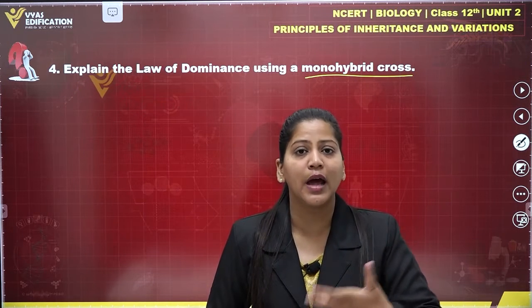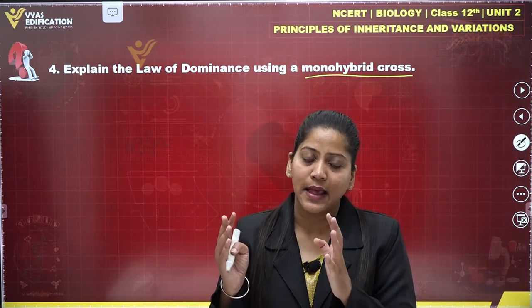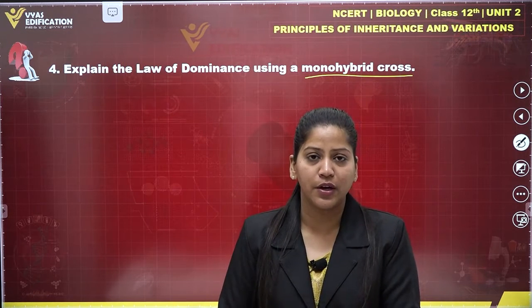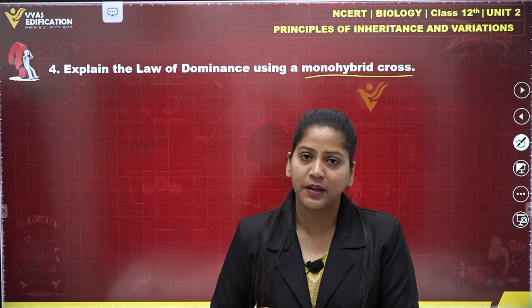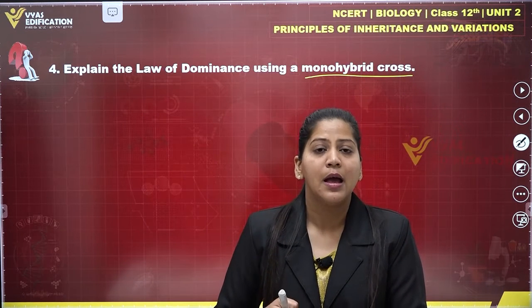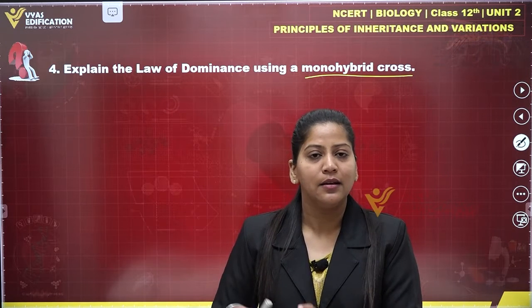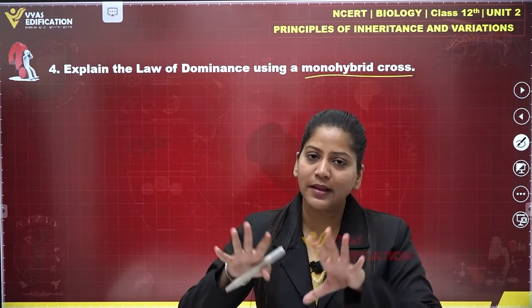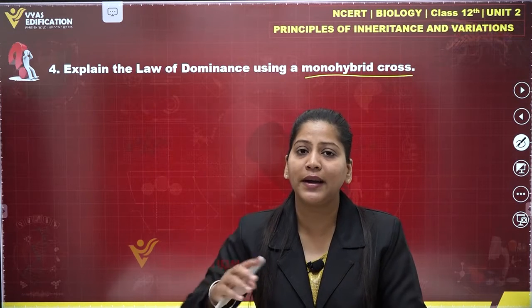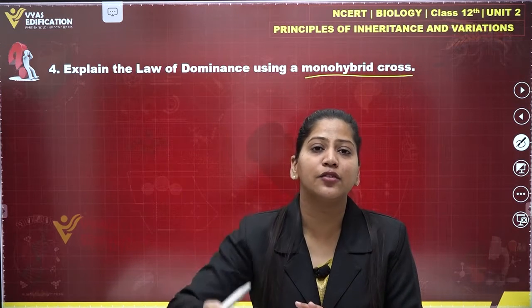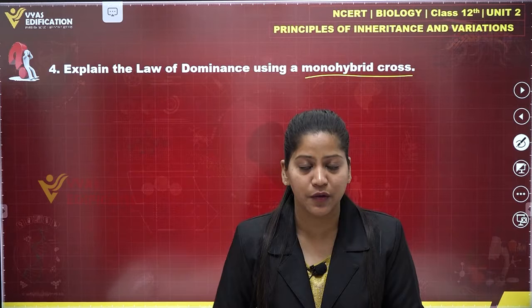In F1 generation, the dominant allele will express its expression in the phenotype, and the recessive allele remains masked or hidden in the progeny of F1 generation, but it reappears in the F2 generation.